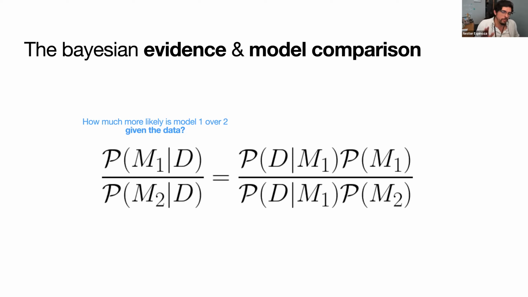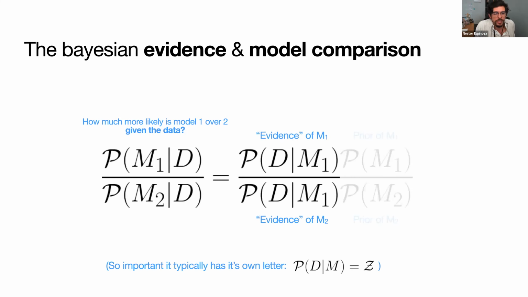On the right-hand side, the probability of model 1 and model 2 are the priors of the models. But the ones I want you to pay attention to are the evidences, the probability of the data given the model. Those evidences are very hard to get, but nested samplers get them for you for free. That's actually the objective of the nested samplers that Juliet supports.